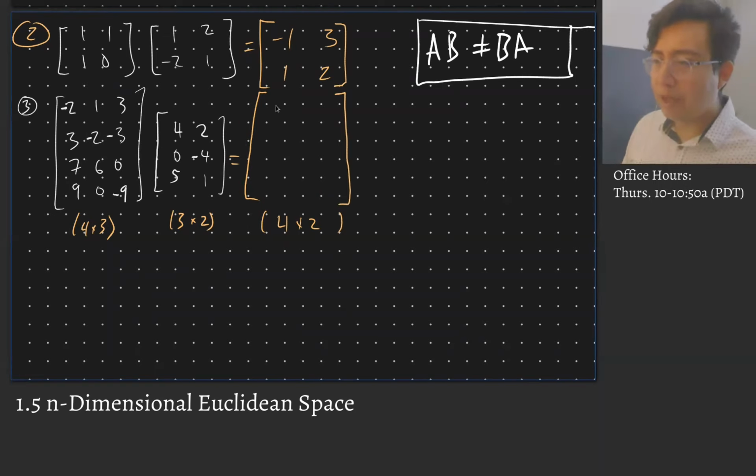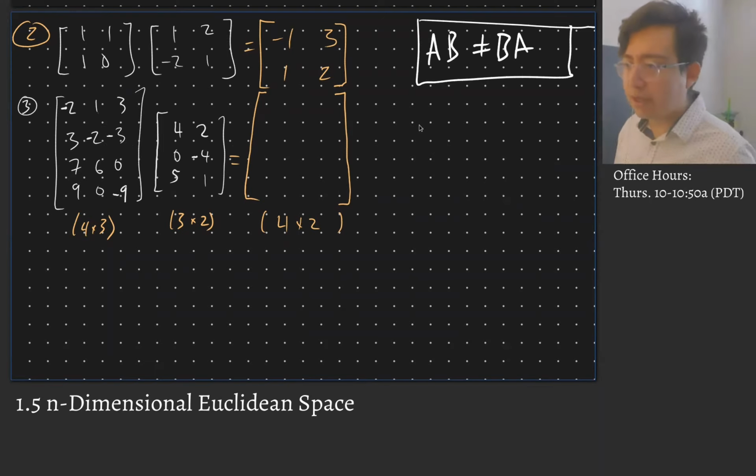So if we want the top left, that is first row, first column. So we're going to take this dot product with this. Maybe I'll show some work off to the side, and then I'll fill in the entries as I go.